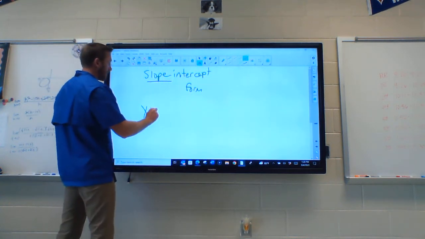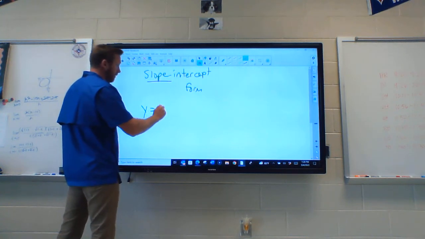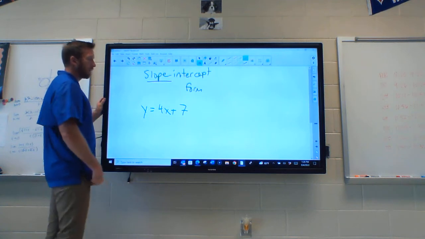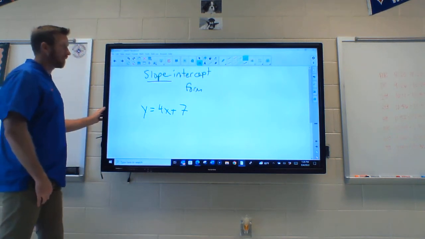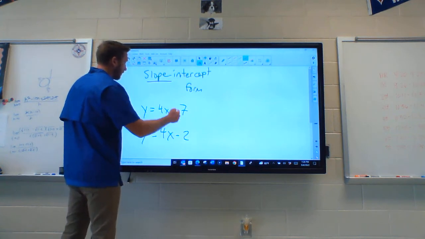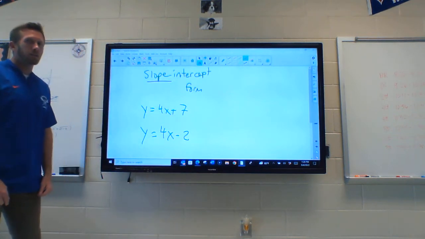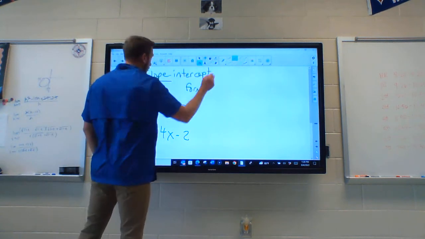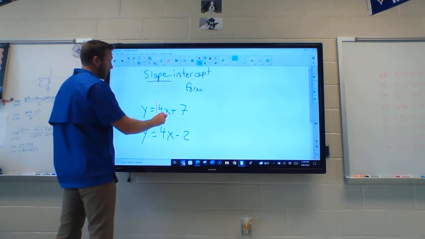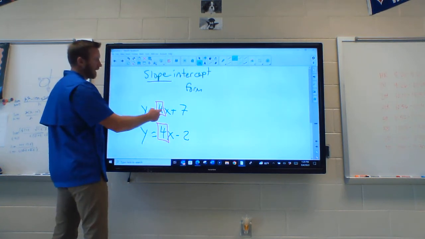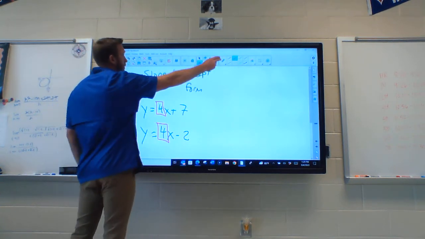If we're in slope-intercept form, and they're already solved out, y equals 4x plus 7, we could compare this line to another line very easily. Y equals 4x minus 2. These are two totally different lines, but they are parallel to each other, and the reason we know that is because in slope-intercept form, we find our slope as a coefficient of our variable x.